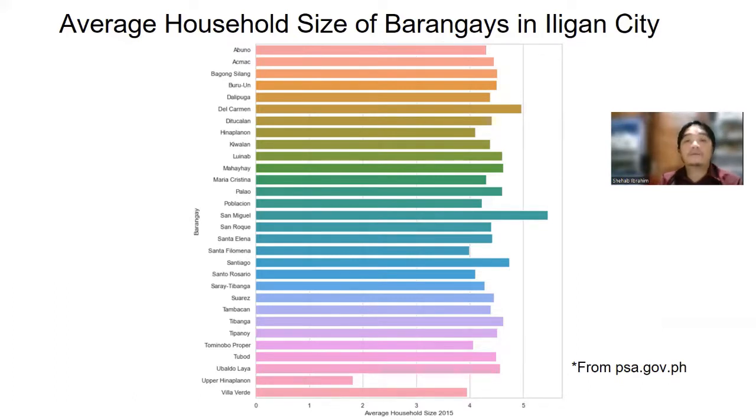So the barangay that has the largest household size is actually San Miguel, which is more than 5, and the Upper Hinaplanon has the lowest, which is lower than 2.